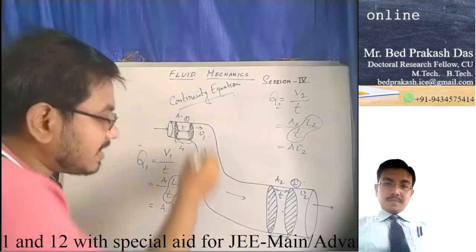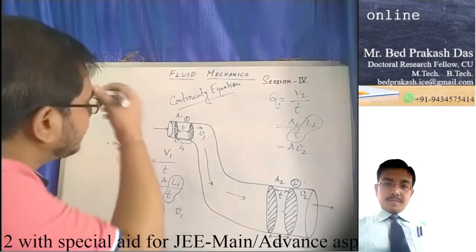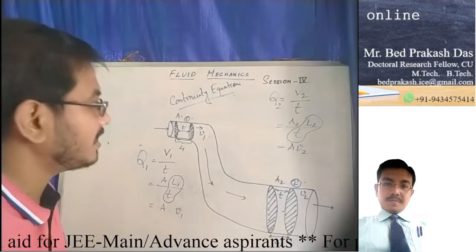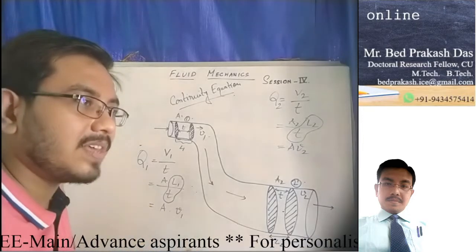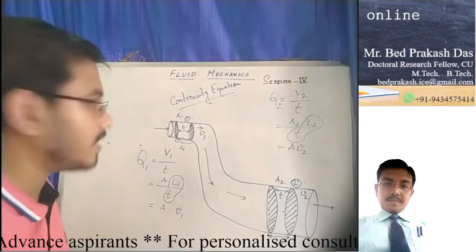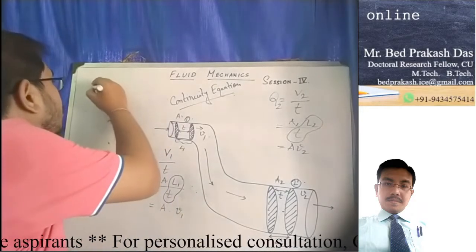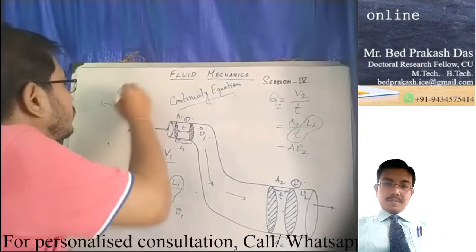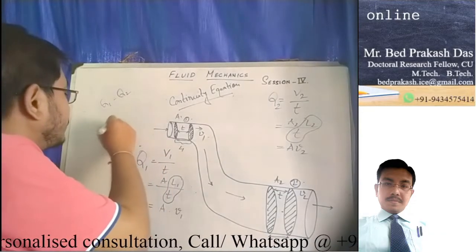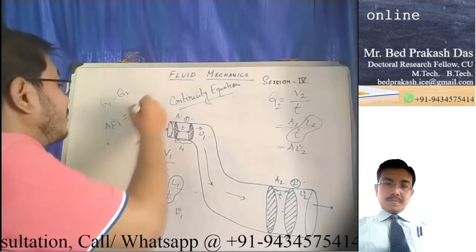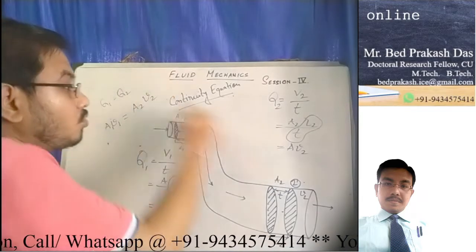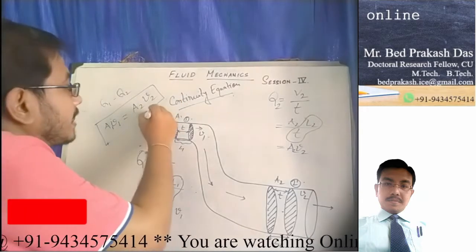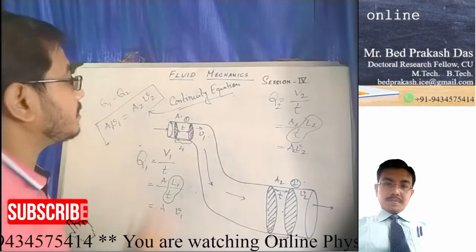Since it is a single pipe and the fluid is flowing with steady flow, we can consider that the fluid has the same flow rate, that is Q1 equal to Q2. Now for this reason it can be written as A1v1 equal to A2v2. This equation is basically termed as the continuity equation.